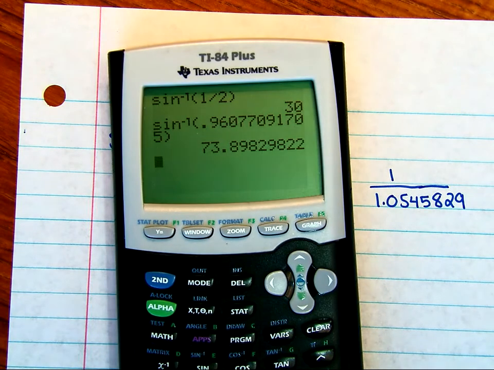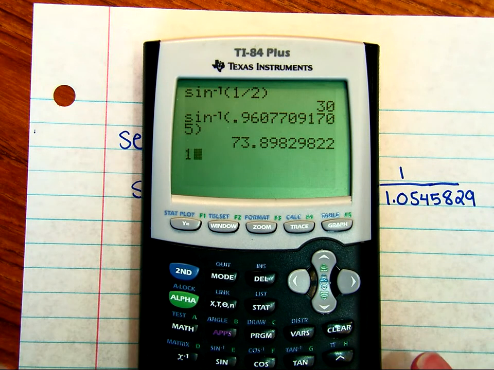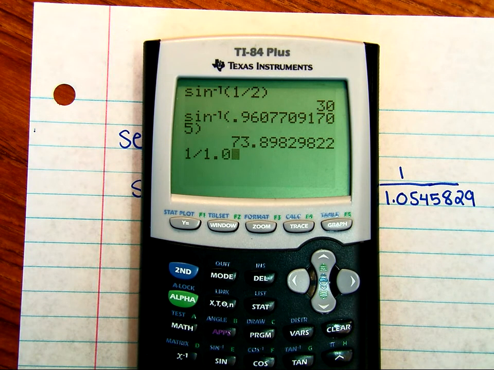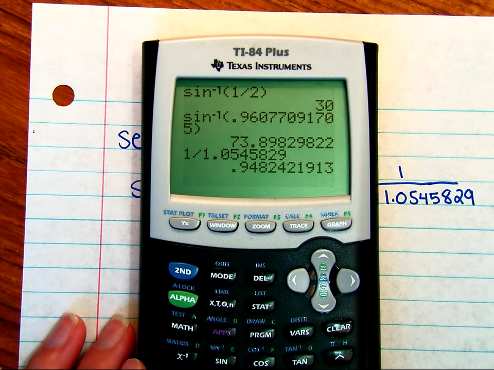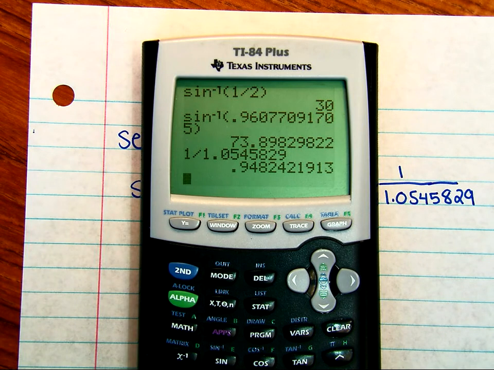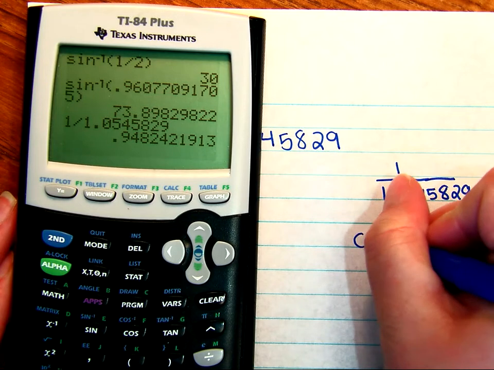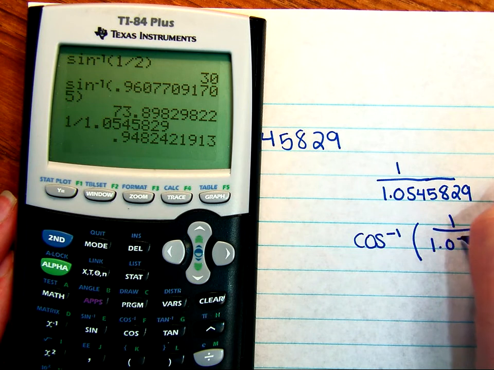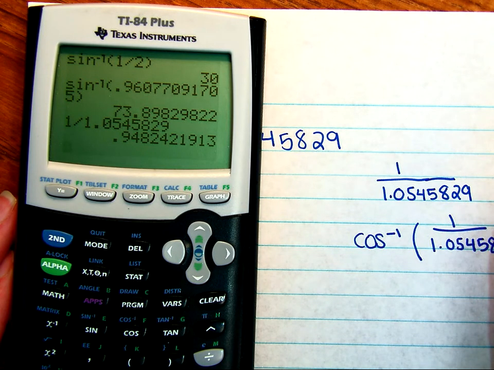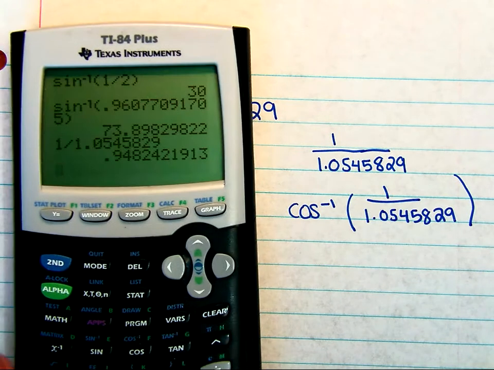So notice when I go to type here, I am not going to use enter, and then I want to do the cosine inverse of that. So on my notes here, it's really the cosine inverse of this ratio. So look at how this is different than the example we just did. Okay, so now I want to take this and do the cosine inverse of that.